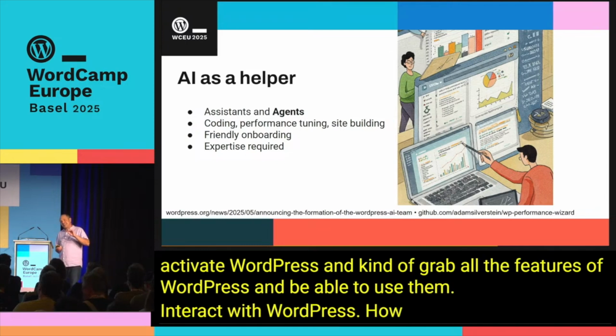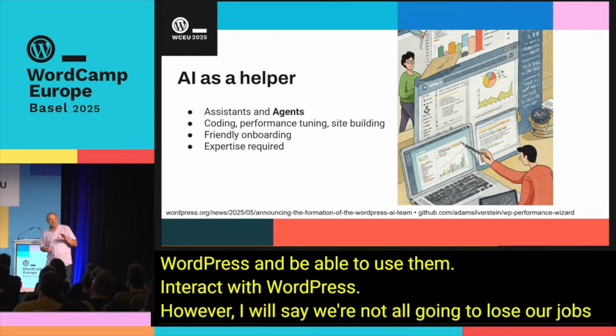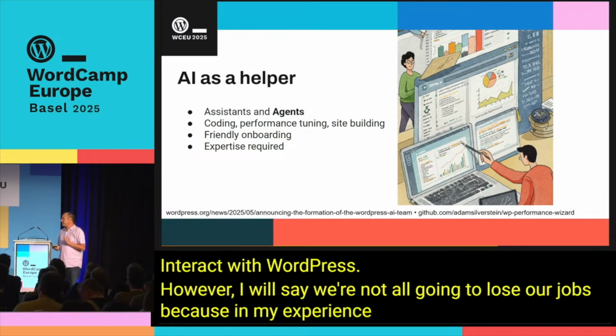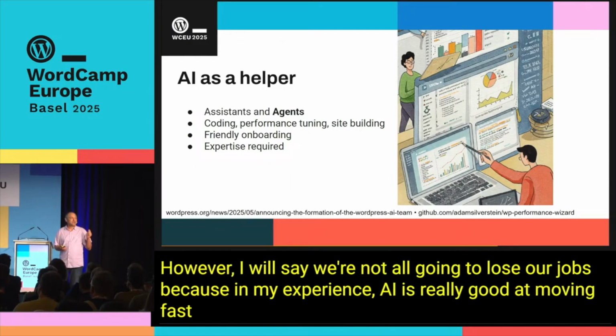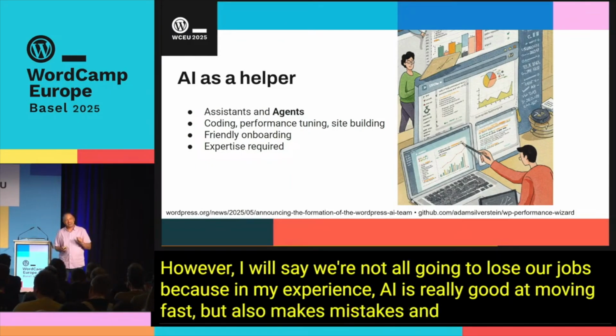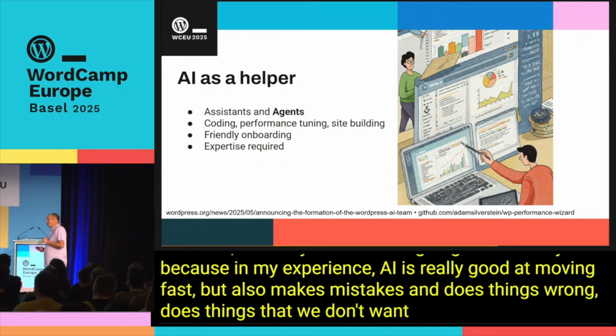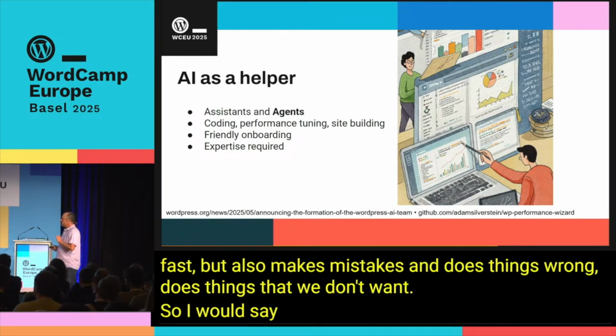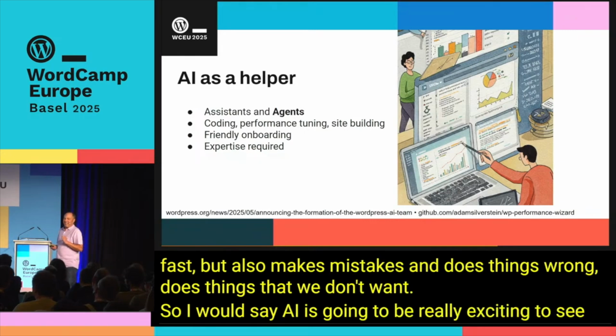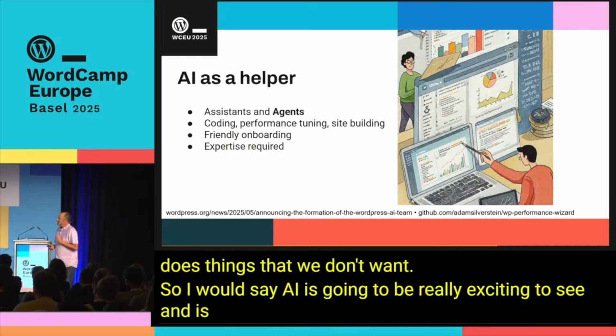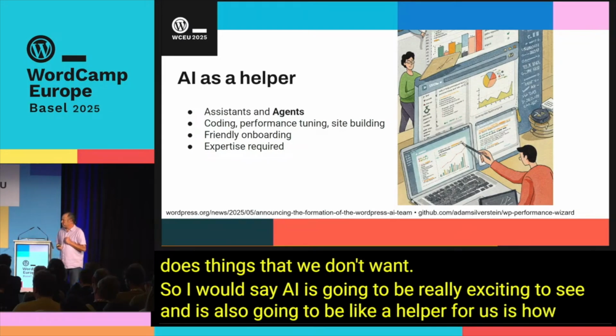However, I will say we're not all going to lose our jobs because in my experience, AI is really good at moving fast, but also makes mistakes and does things that we don't want. So I would say AI is going to be really exciting to see and is also going to be a helper for us, is how I see it.